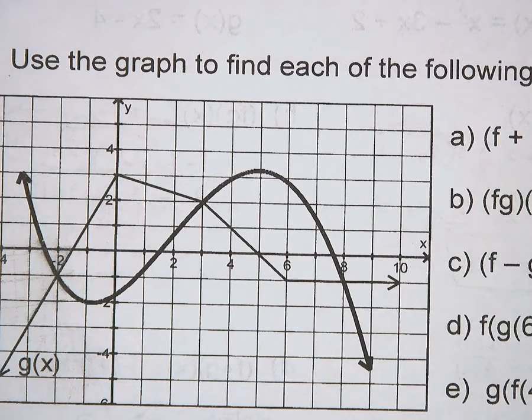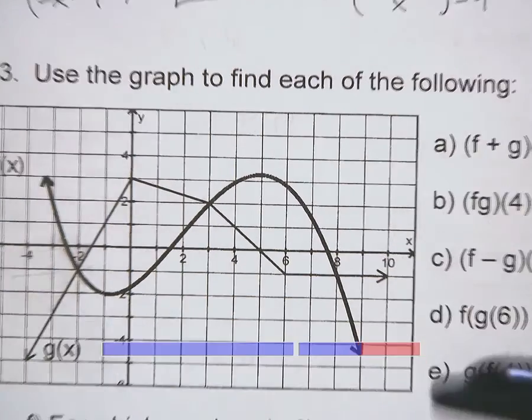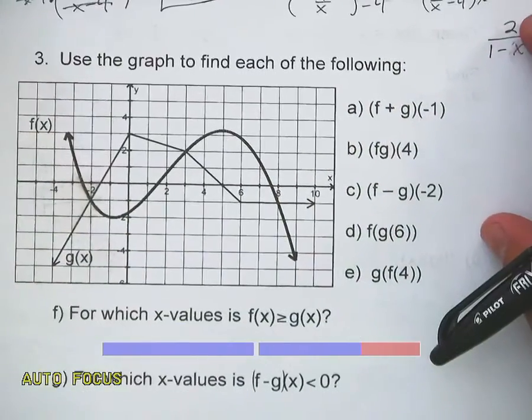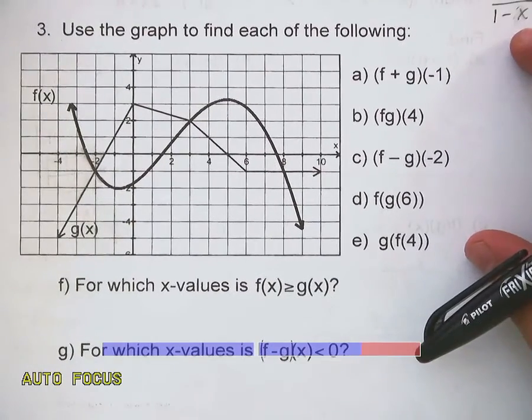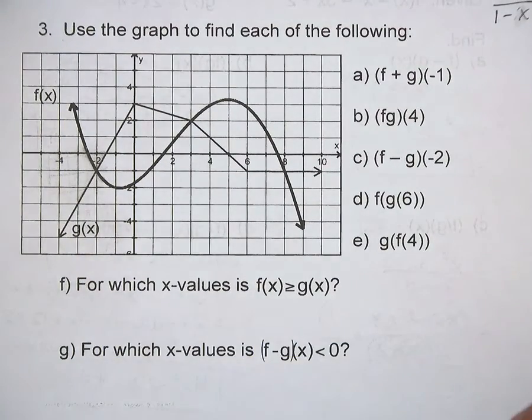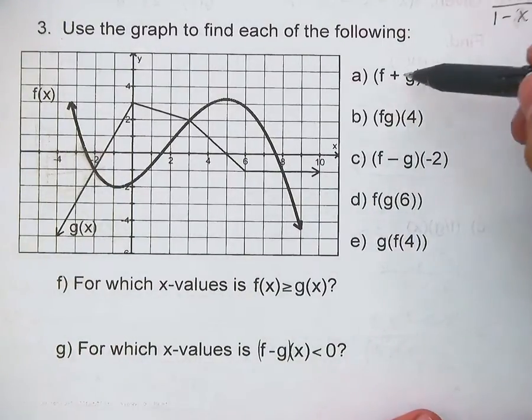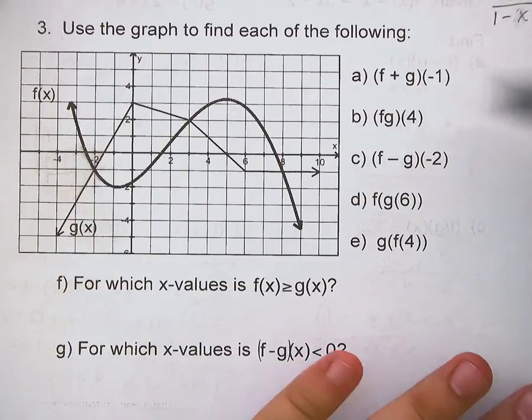Okay, last bit here. I gotta hurry because this is starting to get a little lengthy. Okay, for number 3, this has the potential to get a little confusing, so I want to make sure and take my time on this one. f plus g of negative 1.